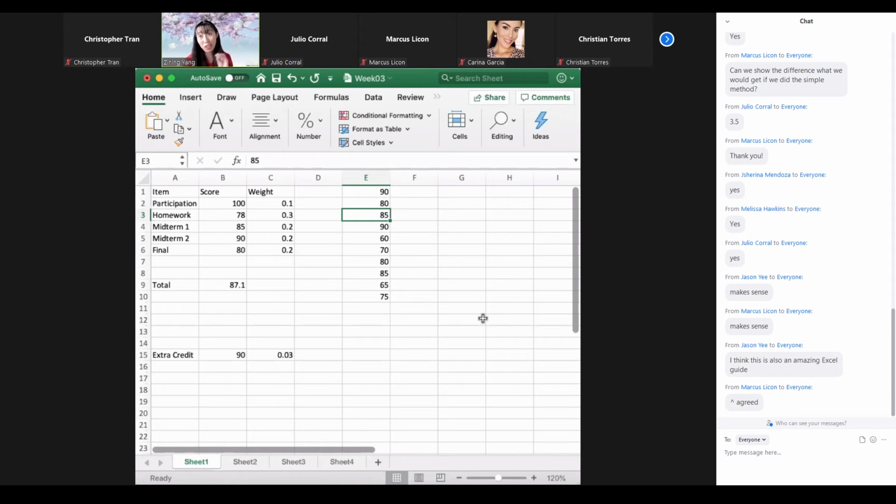Assuming you are not getting 85, if you only get a 50, what's the impact? Look at here.